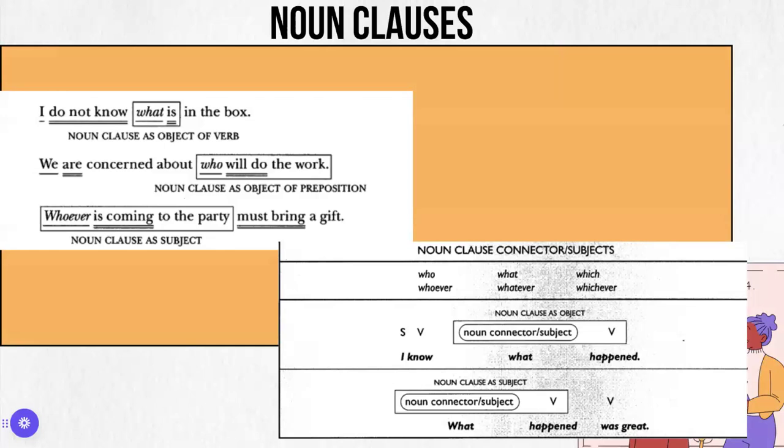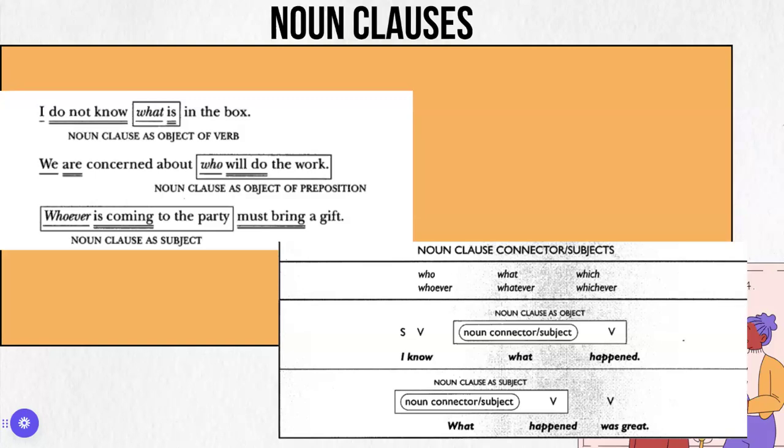And the connectors like who, whoever, what, whatever, which, or whichever act as a noun connector, or as a subject. Like this one: I don't know what is in the box. What is a noun clause, and this is acting as the object of the verb.